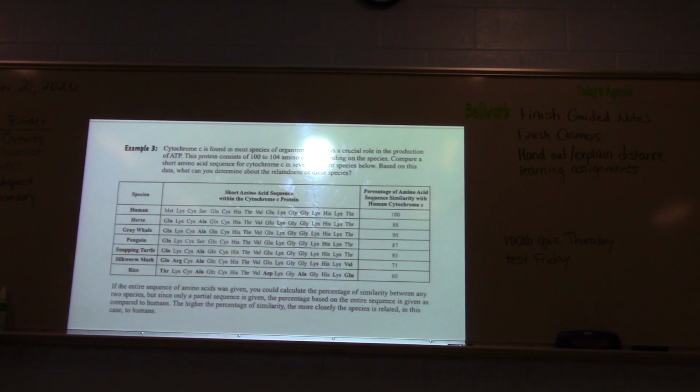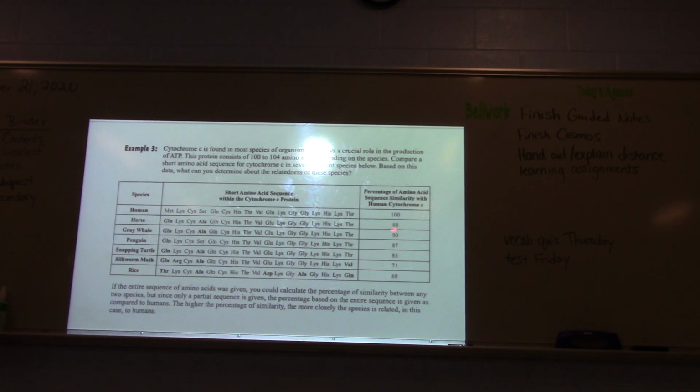All right, so here's cytochrome C, and you might see a diagram similar to this on your test or on the state test. So these are abbreviations for different amino acids that can be found in proteins. Here's a human. Okay, so this is the percentage of amino acid sequence similarity with a human. So obviously a human and a human are going to be 100%.